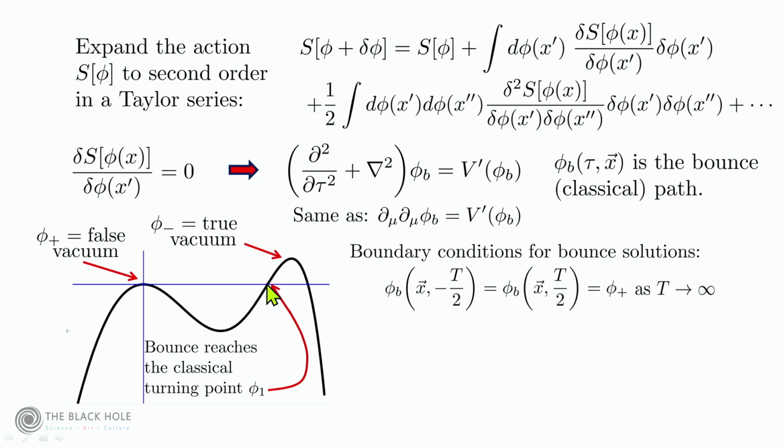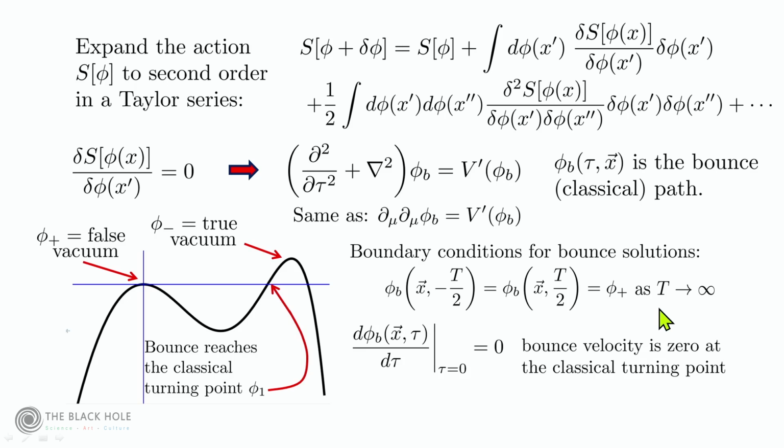So we go from false vacuum towards the true vacuum. We don't reach it, but we go back, so we bounce. And this happens over all x. So remember that we're dealing not with a particle, but with a field. The field is defined everywhere in space.